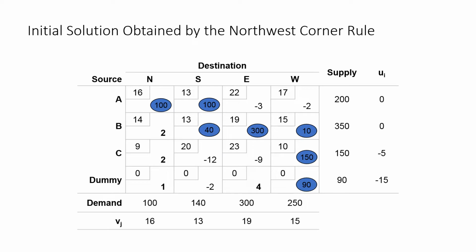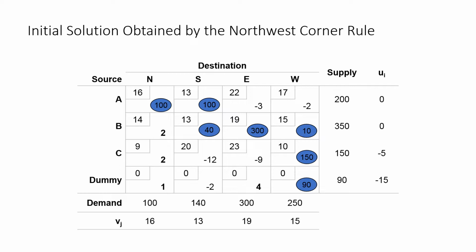Here we have the same transportation table. However, the initial solution is obtained using the northwest corner rule. And we have calculated the Uis and the Vjs, and also the C prime ijs for all the non-basic cells.